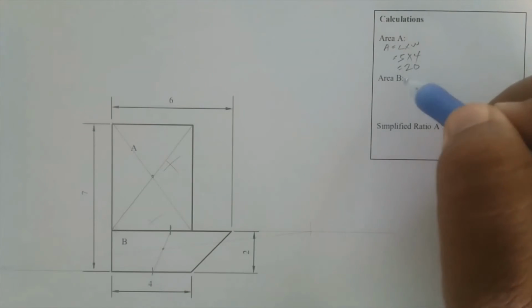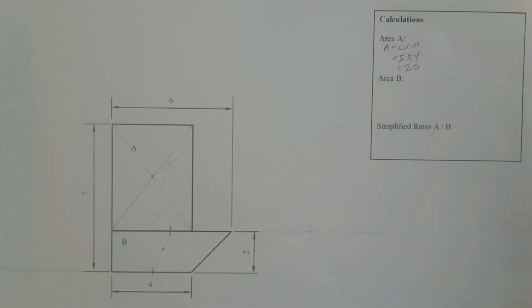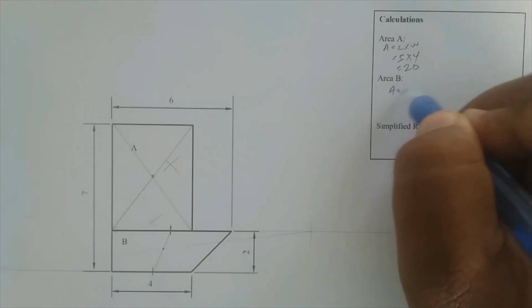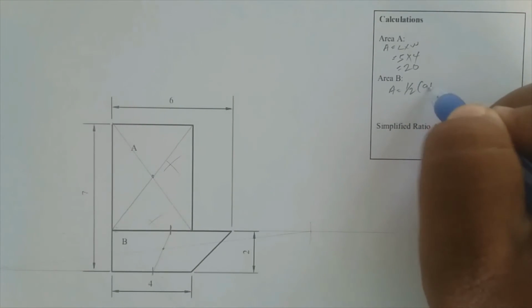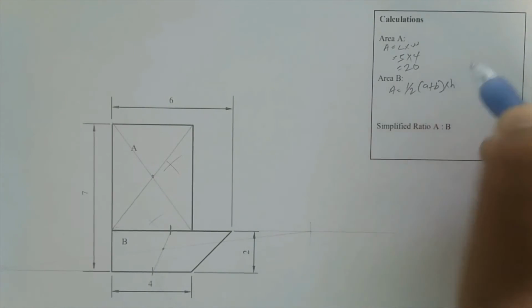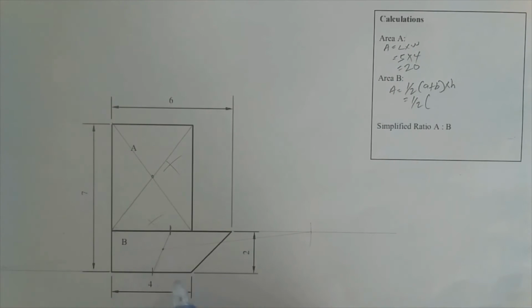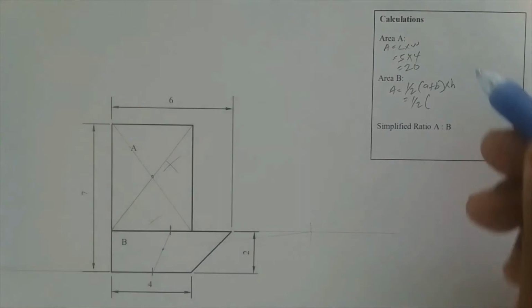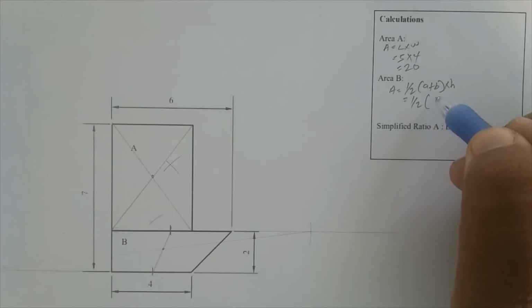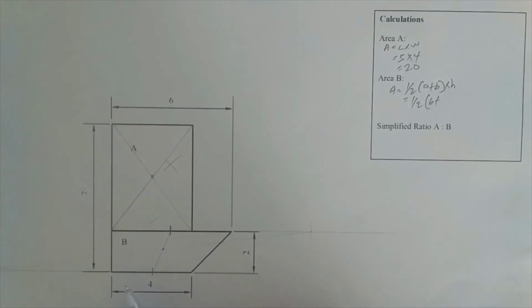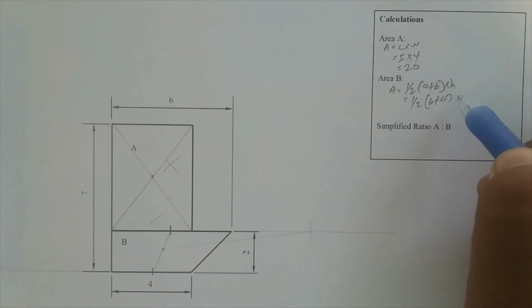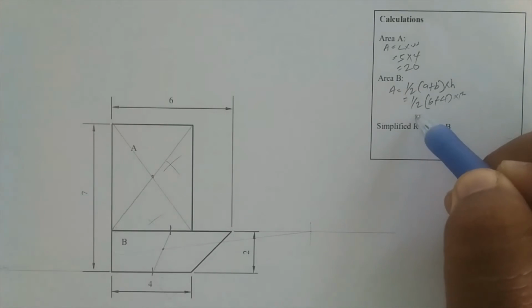The area of B is a trapezium. The area for a trapezium is half (a plus b) times height. a can be this one or this one. In this question I will use this one. The length of that line is 6, this line is 4, then the height is 2.